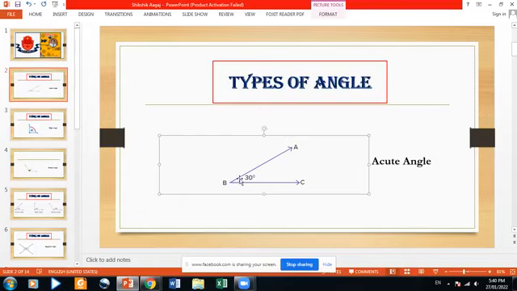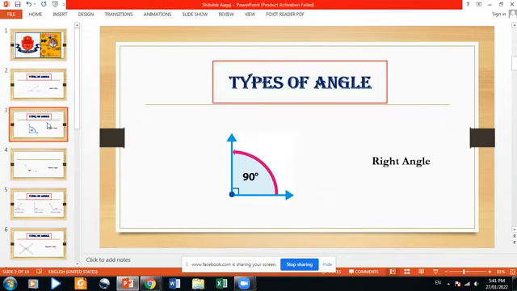And if the measurement of this angle is 30 degrees, we can say measure of angle ABC is 30 degrees and this is an acute angle. So remember how to read the name of an angle and how to tell its measurement.